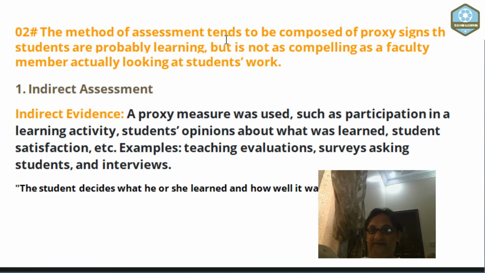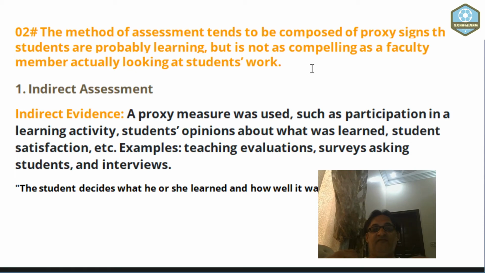So the method of assessment tends to be composed of proxy signs that students are probably learning, but it's not as compelling as a faculty member's. So in direct assessment, the faculty member, a teacher, or an organization has to decide it and create evidences through conducting the tests, exams, projects and thesis.